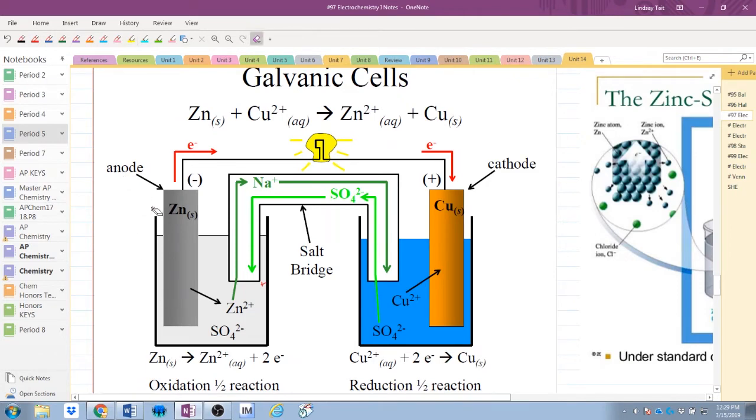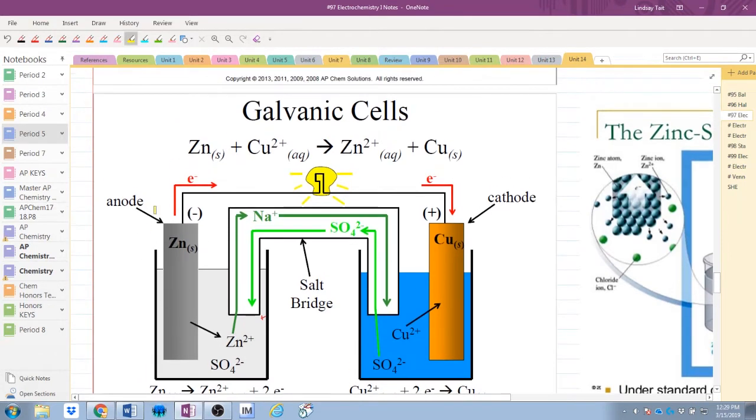This half cell contains a solid strip of metal that you must always have. You must have a solid electrode in each cell, and an electrode is simply a metal strip. So here I have a zinc electrode and here I have a copper electrode, because those are your solid metal strips.